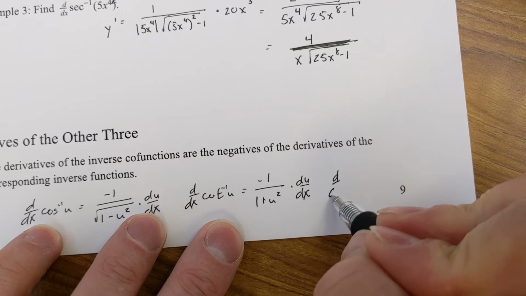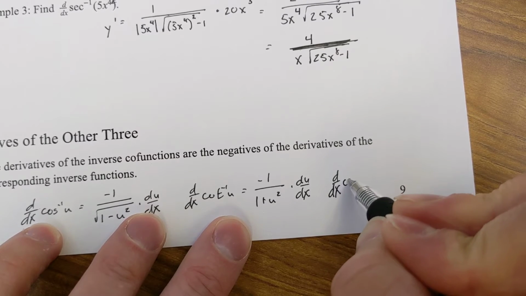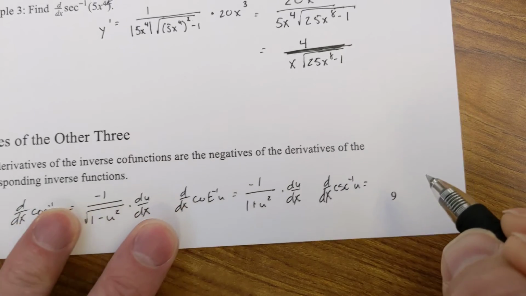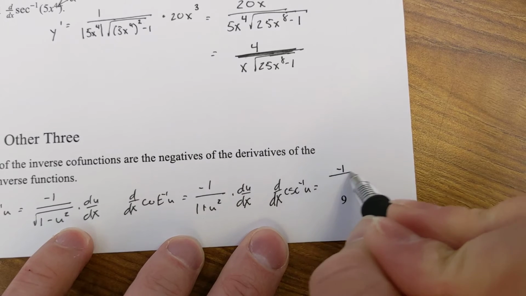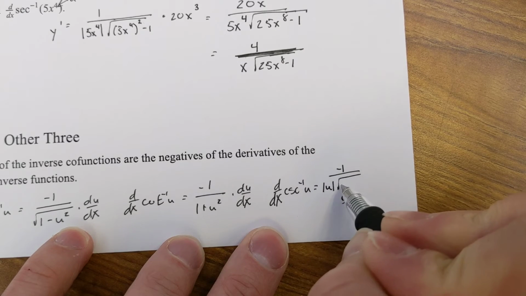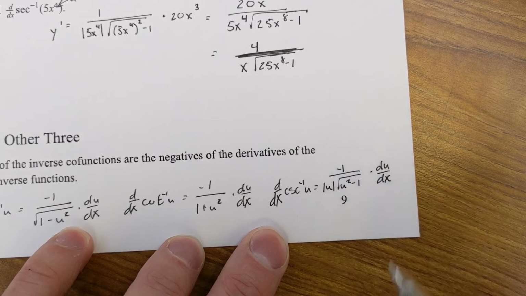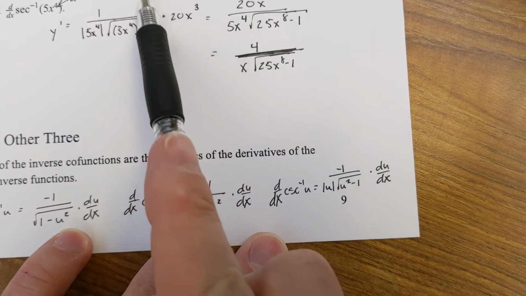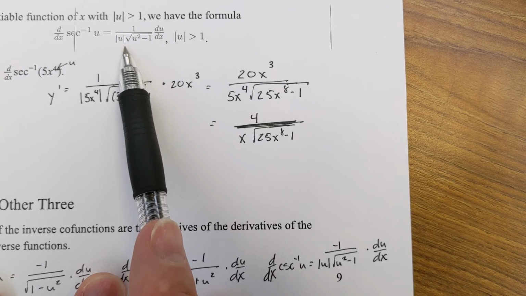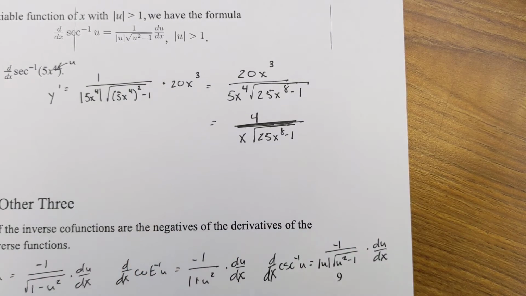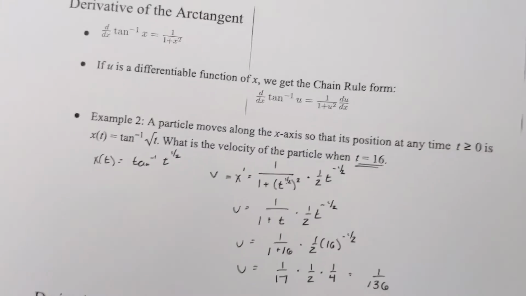And lastly, if I can fit it in here, the derivative of the inverse cosecant is -1 over the absolute value of u times the square root of u squared minus 1, times du dx. So it's just this equation with a -1 on top instead of a +1, because they are the negatives.